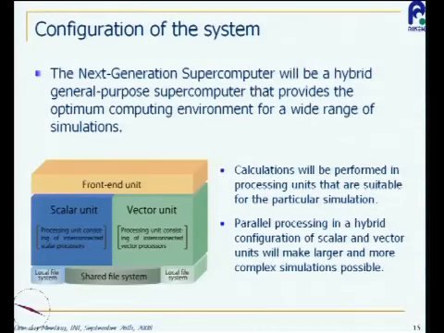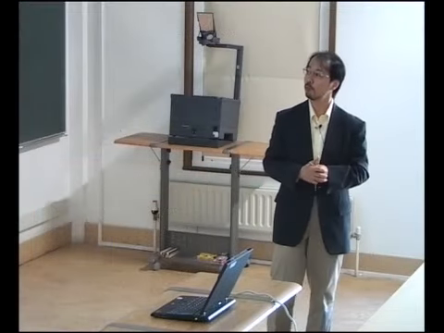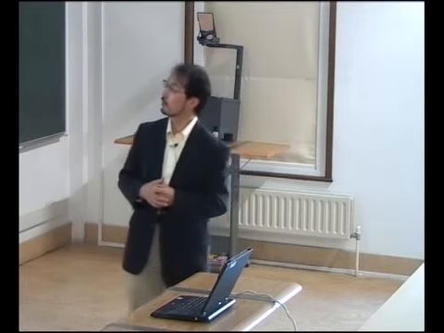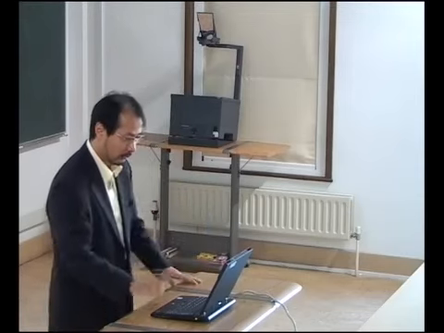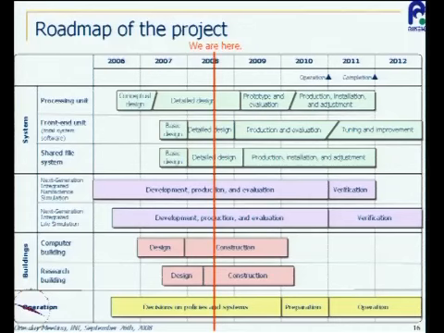Calculation will be performed in processing units suitable for the particular simulation. Parallel processing in a hybrid configuration of scalar and vector units will make larger and more complex simulation possible.